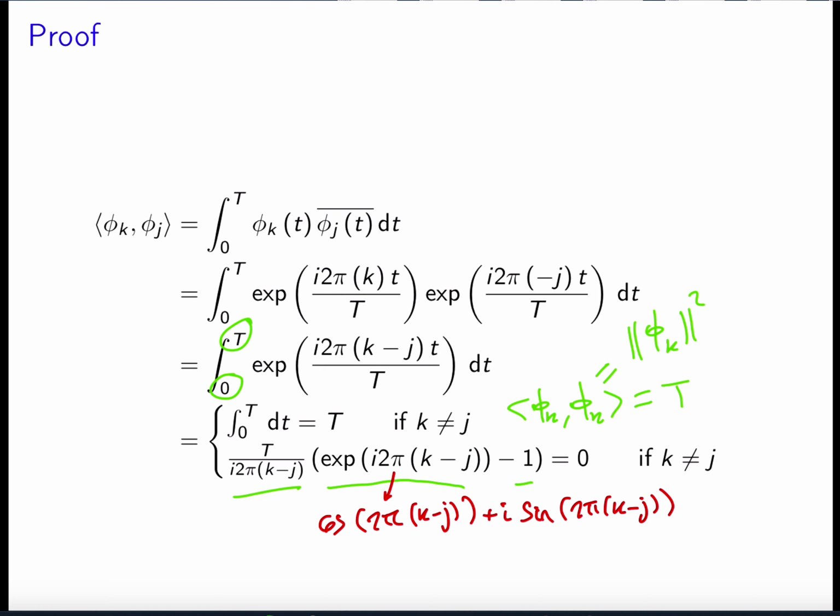And now realize that k minus j is an integer, so by periodicity of the cosine, this is just cosine of 0, which is equal to 1, and this is sine of 0, which is equal to 0. So basically all of this is just equal to 1, and 1 minus 1 is 0. This means that these complex sinusoids with different frequencies are indeed orthogonal.